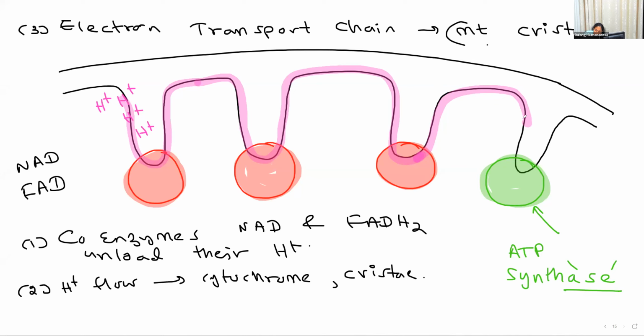And finally, they will go through ATP synthase. That is number 3. Don't write number 3 yet. You can just draw your high energy flow through the ATP synthase, but I'm going to break this down. Leave number 3, I need to explain something.